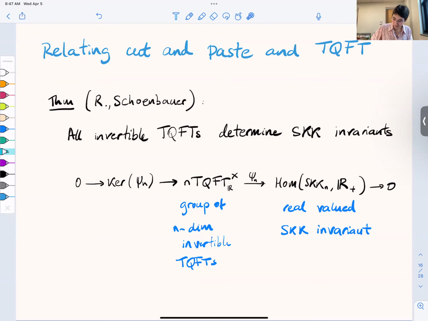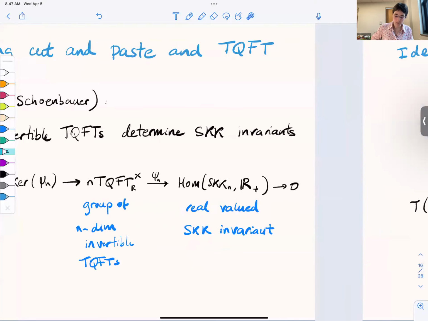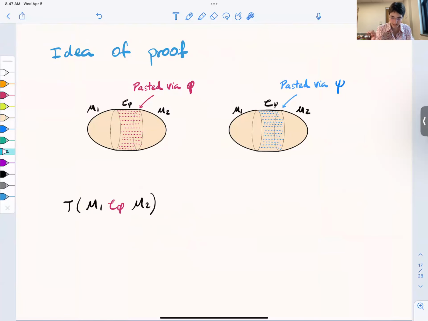But let me give you a little bit of motivation for why this exact sequence even makes sense. Let me give you a little of the idea of the proof. We are going to be thinking about two manifolds here. If we observe, these two manifolds are both made out of two pieces, M1 and M2, and M1 and M2, and then I've done some gluing.